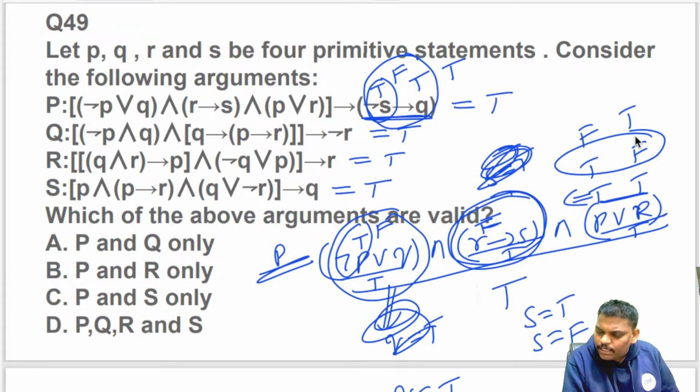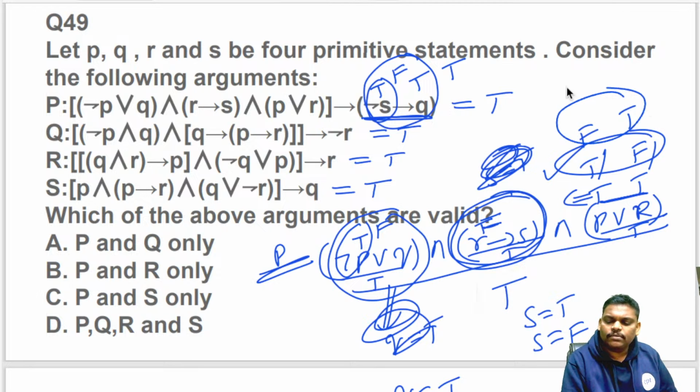In the second combination, P true, R false, Q true, S may be true or false. Because Q is already true, it is true anyhow. S doesn't matter. So the second combination also is true.